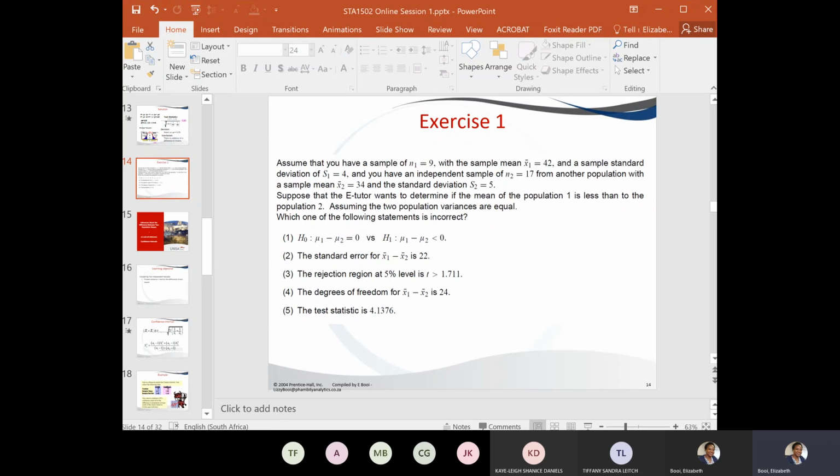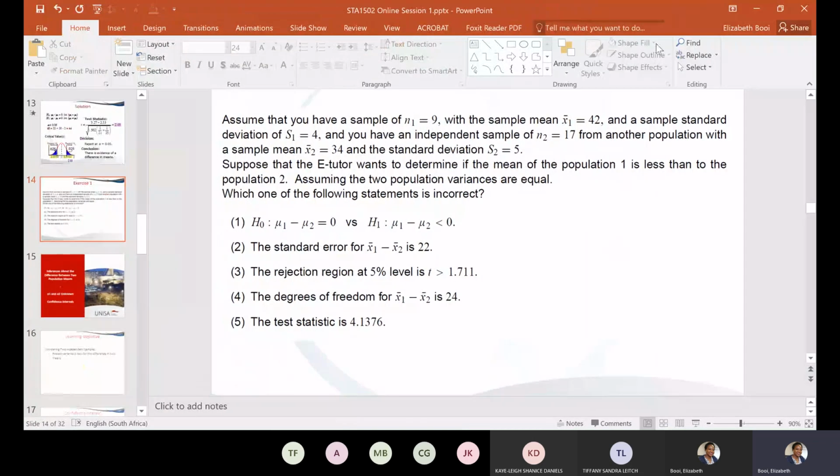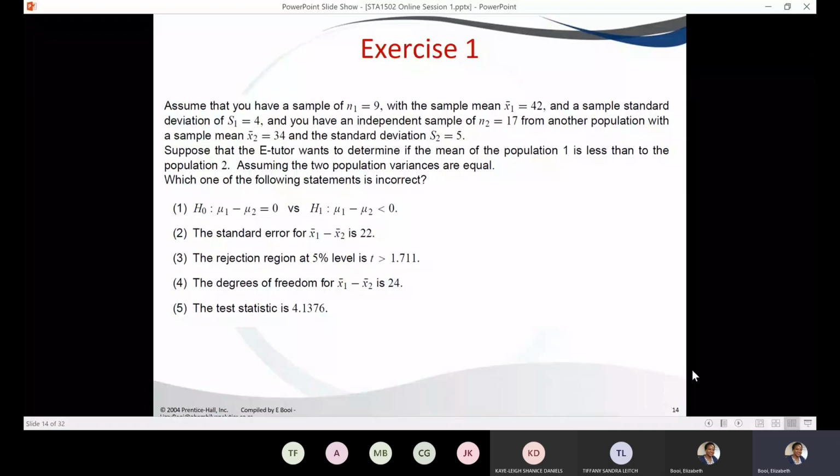For some odd reason, I cannot put it in presentation mode, and that's the only way I am able to write on the screen.